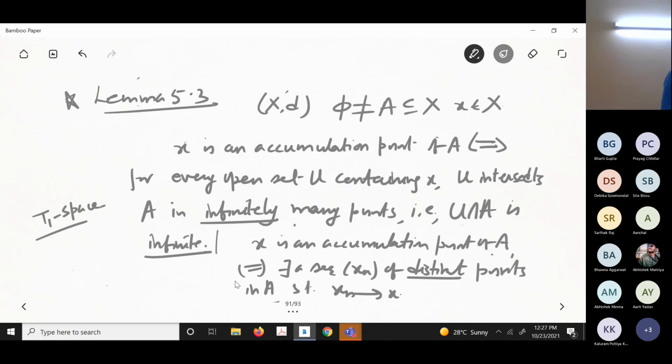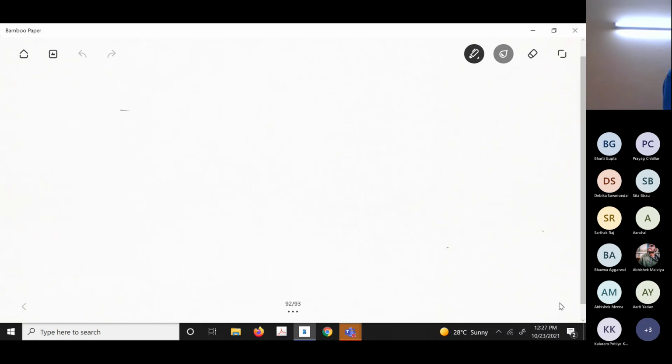Particularly you should understand, if for one open set containing x it happens to be finite, then this is not an accumulation point. Now look, lemma 5.4. I have given all these lemmas, small results, so that for the big result your proof will be simpler and smaller.